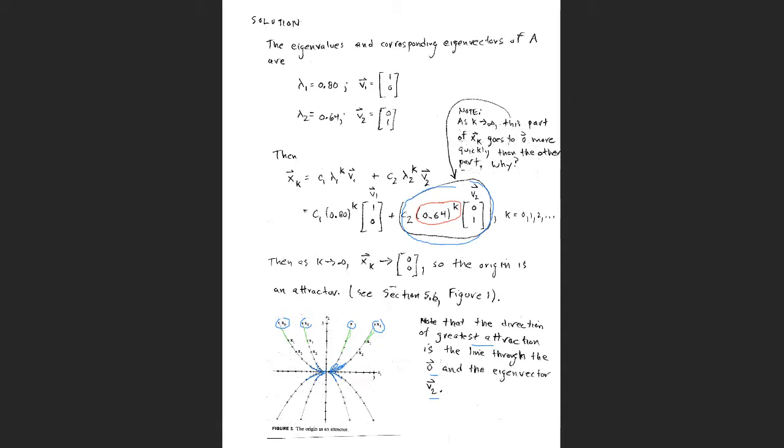That has more influence on the attraction in the beginning. The greatest attraction is in that direction. But then as k gets large, the trajectories take a more horizontal path into the origin. Okay, are there any questions on that?